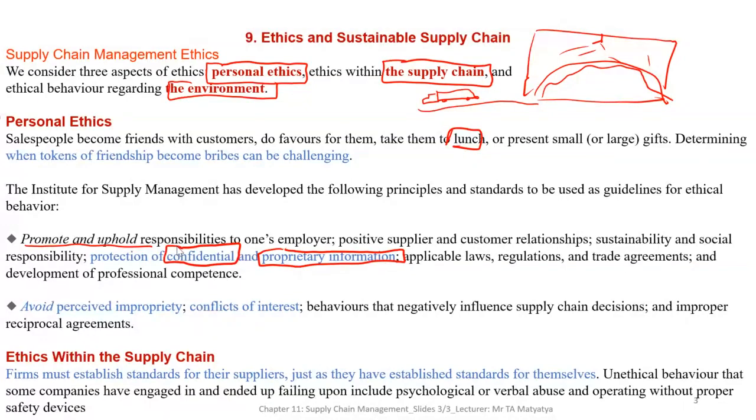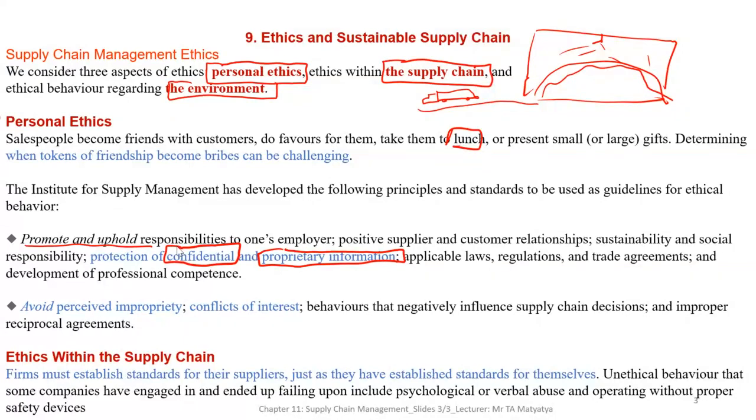Confidentiality normally goes with customers' information. You cannot leak customer information to other suppliers or competitors or even marketing companies. That's why there's the POPIA Act these days that protects personal information.